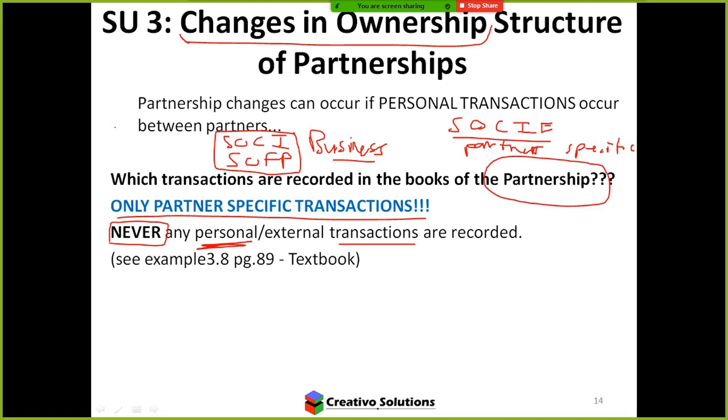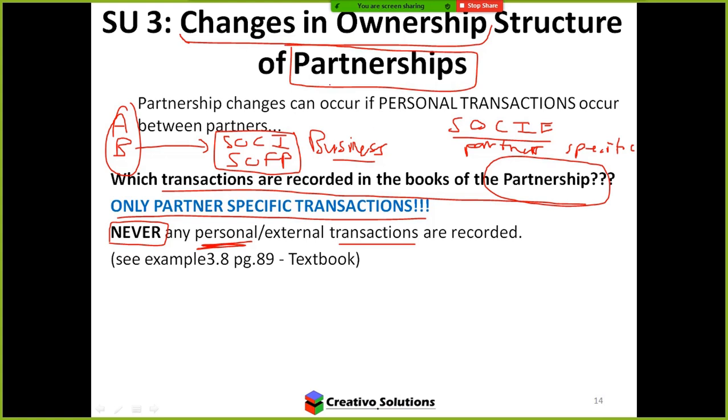Okay, so when you have A and B, only what A and B are doing in terms of the partnership will be recorded in the partner's books. Right, so which transactions are recorded in the books of the partnership? Only partner-specific transactions. So in other words, when you're looking specifically at the partner, what is the partner doing with the partnership?